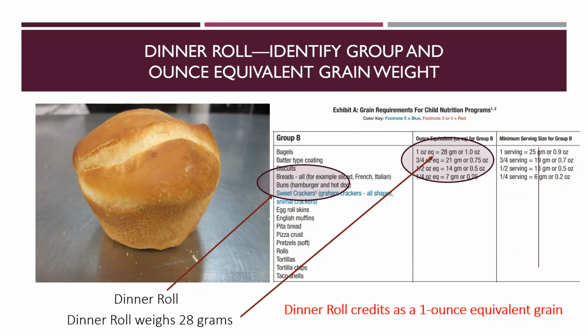In this example, we find dinner rolls listed under Group B. While it doesn't say dinner rolls in this group, we know that the ingredients in this dinner roll are similar to those found in bread or hamburger or hot dog buns. If you were doing this in your facility, you would use a small kitchen scale and weigh the dinner roll. In this scenario, we're going to say that the dinner roll weighs 28 grams or 1 ounce. For purposes of meeting our meal pattern, this dinner roll credits as a 1 ounce equivalent grain.